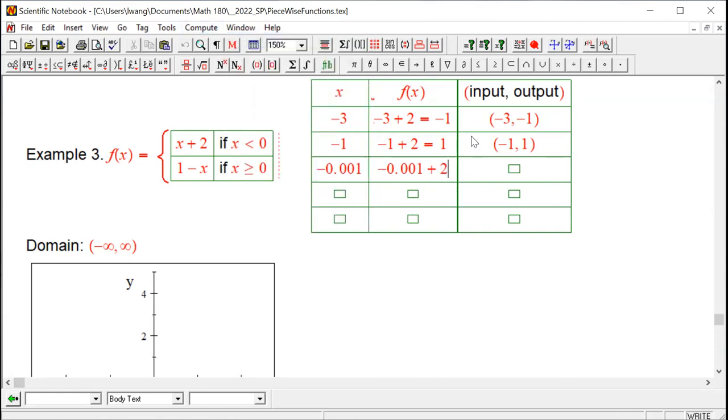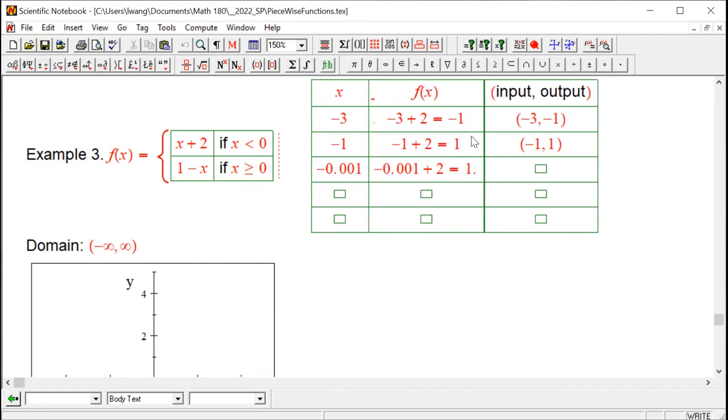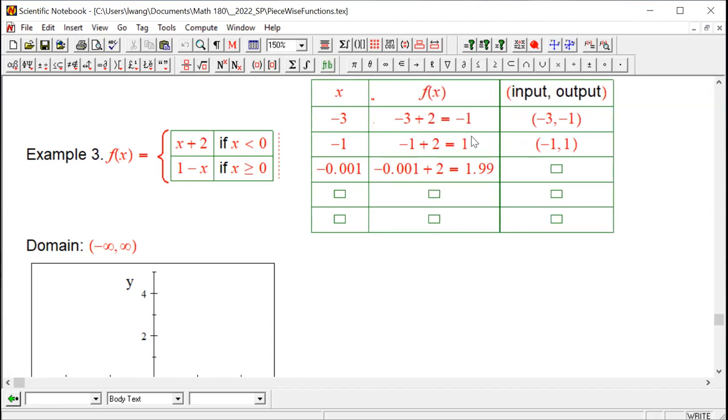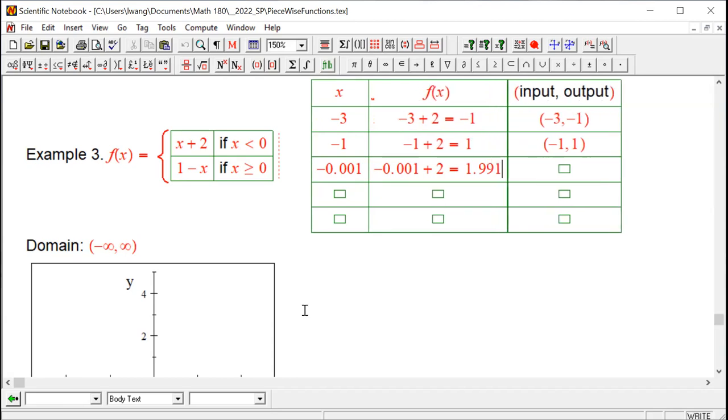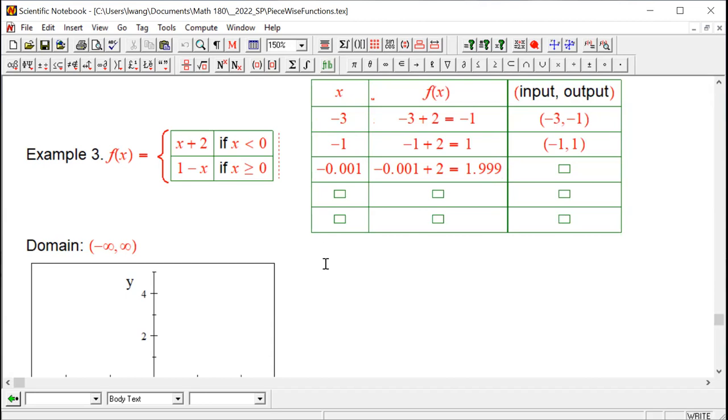The output is going to be what? It's going to be positive 1.999, sorry, 999. So we can pick input as close to 0 as possible, but never 0, from the smaller than 0 side.